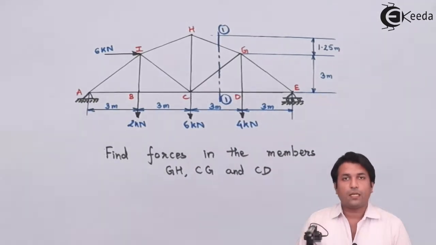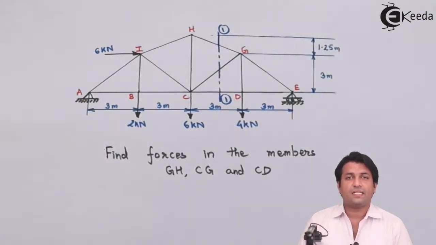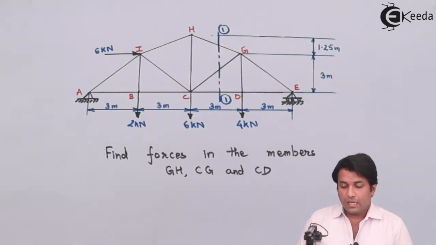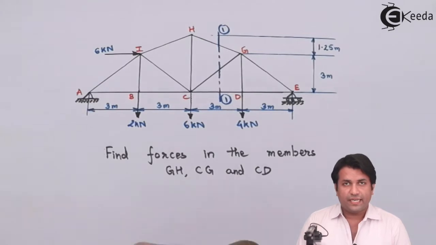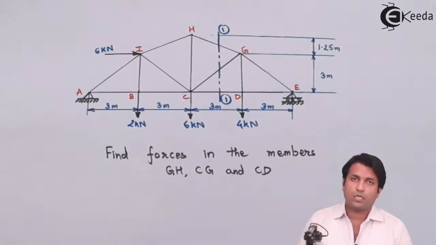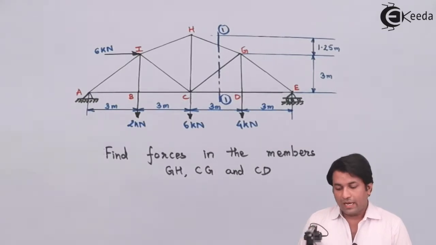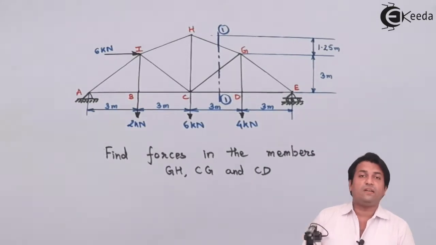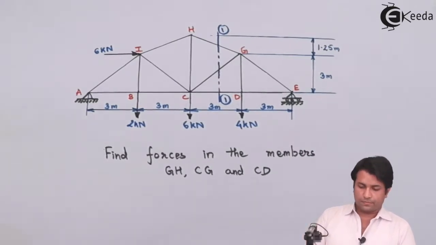That cutting plane, the one line, is the cutting plane which is cutting the truss. Now that truss, I can take any of the sides for the calculation purpose. Take the smaller side or take the bigger side. I will prefer taking the smaller side because that would be easier for me for the calculations.